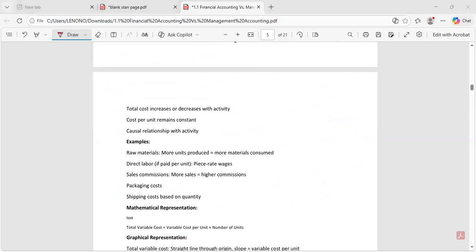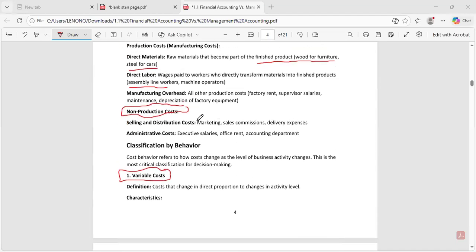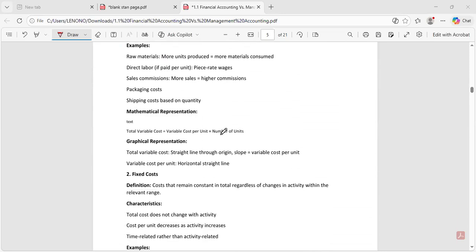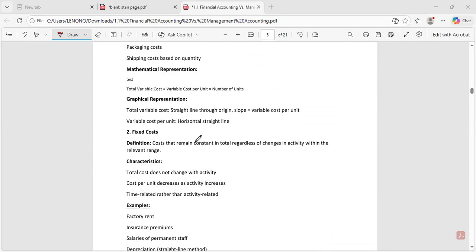Now we get down to the example. Raw materials: more units produced, more material consumed. Direct labor is paid per unit, piece rate wages. Now we have the aspect of the fixed cost.